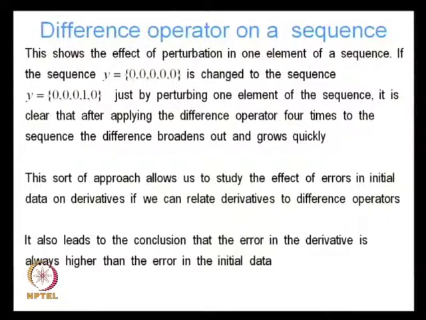I have shown this for the difference operators, but if I claim this for the derivatives, I have to relate the derivatives to the difference operator, and it turns out that we can do that. So the same thing carries over for derivatives. An error in the initial data gets multiplied, it gets scaled several times. The more times you take the derivatives, the more the error is scaled by. It also leads to the conclusion that the error in the derivative is always higher than the error in the initial data.